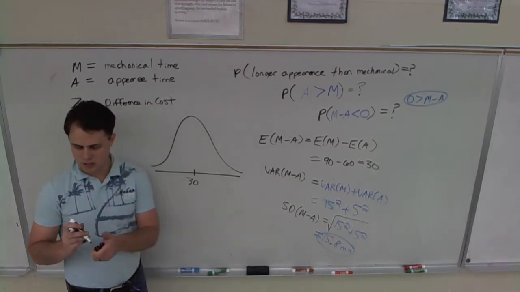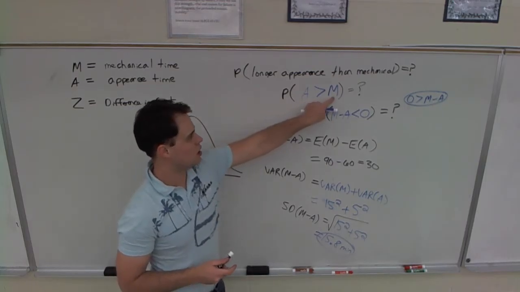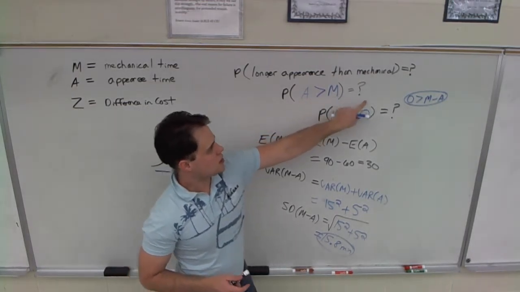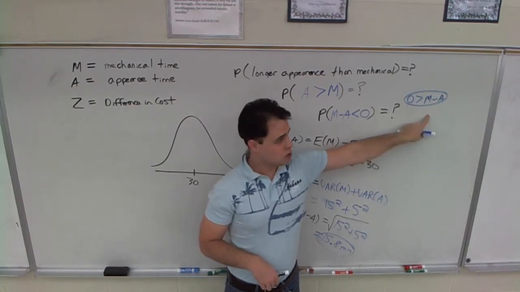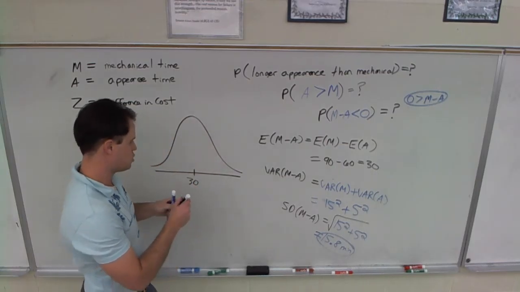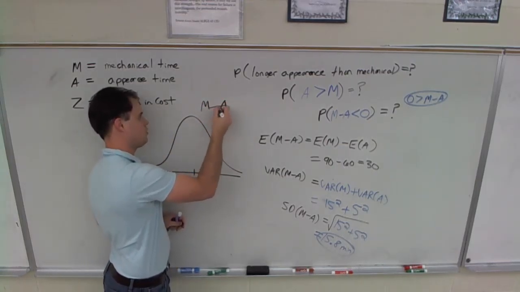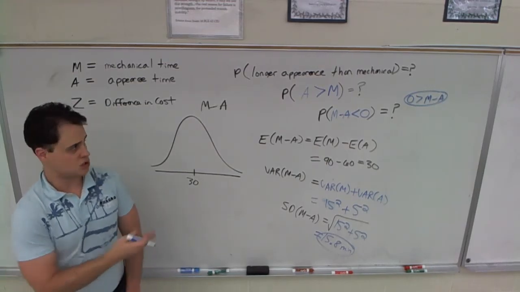What were we interested in answering the whole time? We wanted the probability that A was bigger than M, which we subtracted A to the other side so we could compare it to a finite value, like 0. We turned that around so it's easier to read. This is the distribution of M minus A. Where's 0 on it? Because that's what we want to compare to.